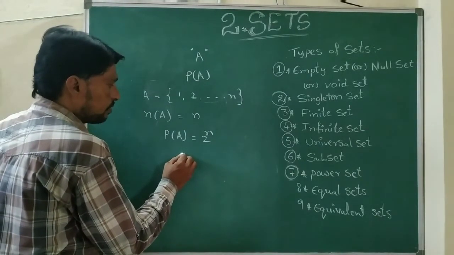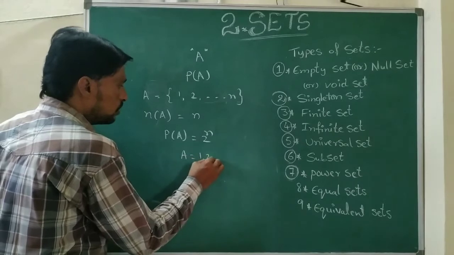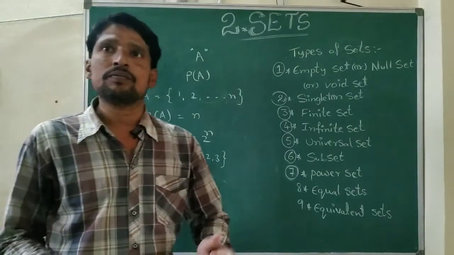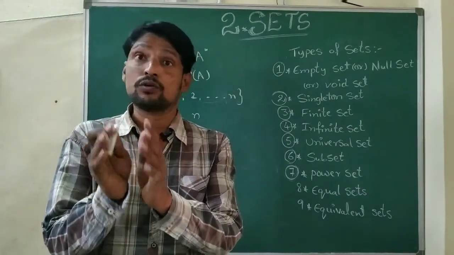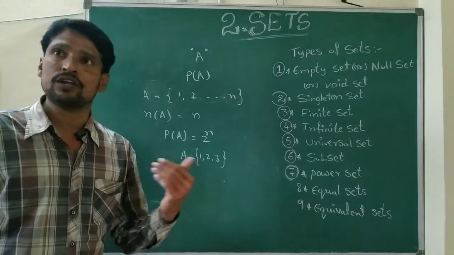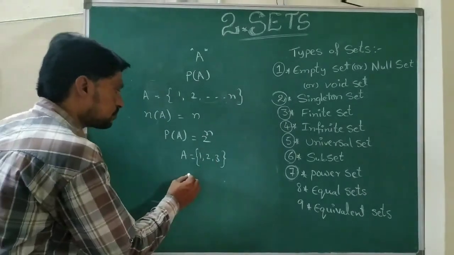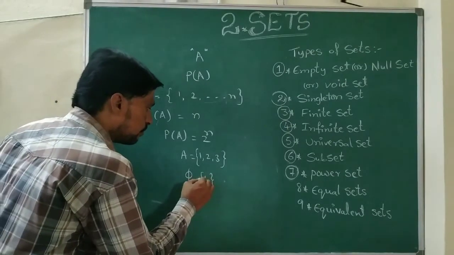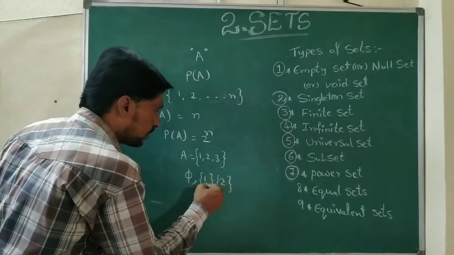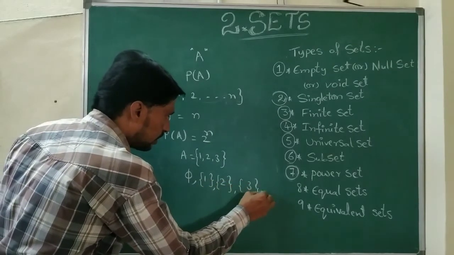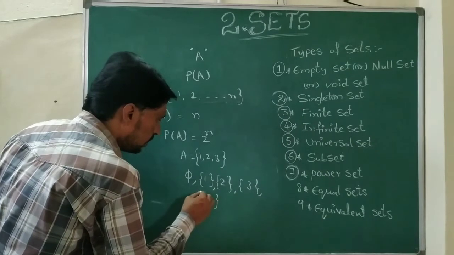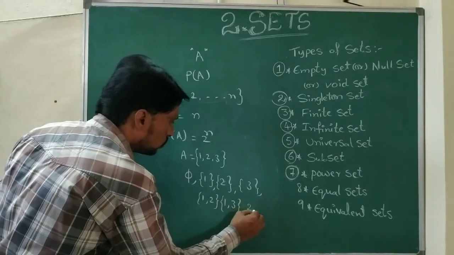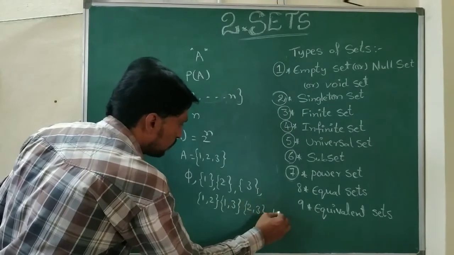One example: A equals 1, 2, 3. The definition is the collection of all subsets of the set A. The subsets are: first, phi, the null set; the set 1, the set 2, the set 3; then 1, 2; 1, 3; 2, 3; and 1, 2, 3 itself.